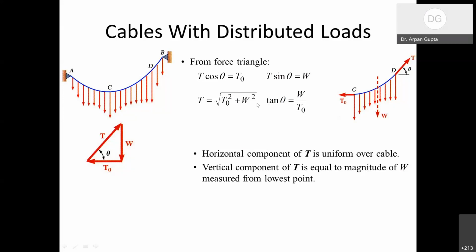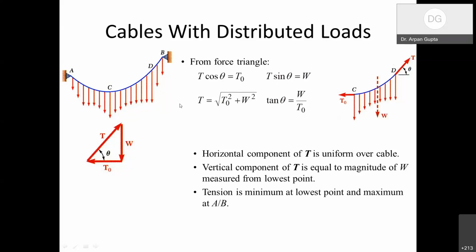So T sin theta is the net load acting on the cable from the lowest point. If I'm talking about the right side, from point C to point D, whatever is the net force acting downward, that is the vertical component of tension at point D.